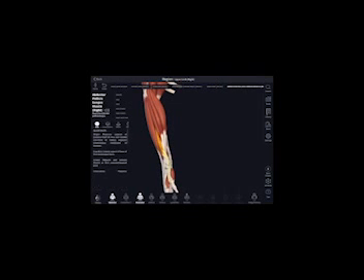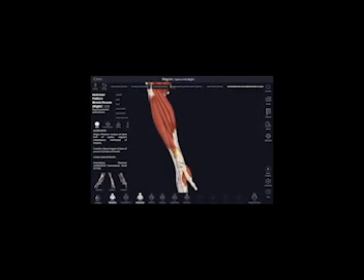The first one here is the abductor pollicis longus, located most laterally. Right next to that, we have the extensor pollicis brevis, running along with the abductor pollicis longus. It inserts to the proximal phalanx of your thumb.